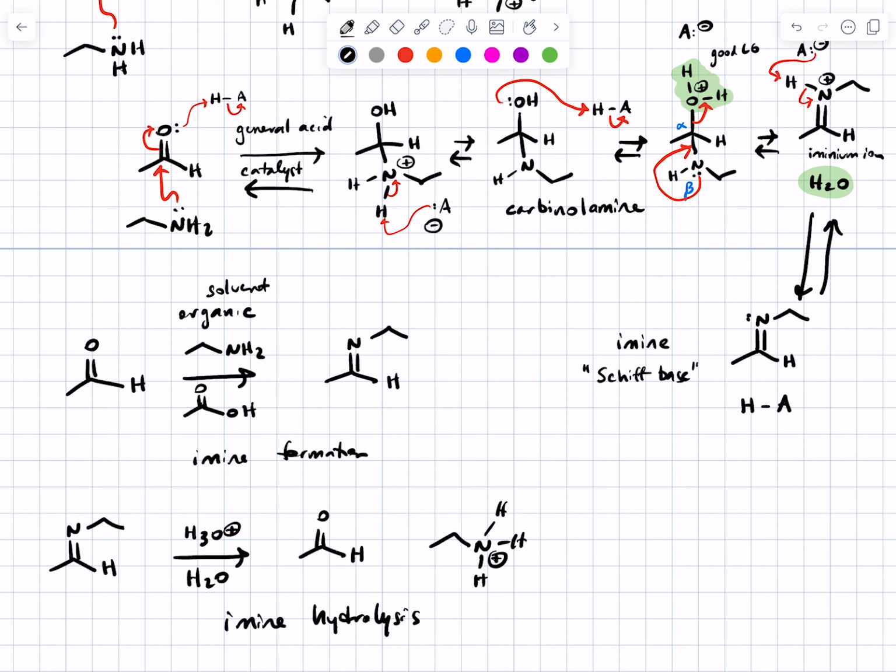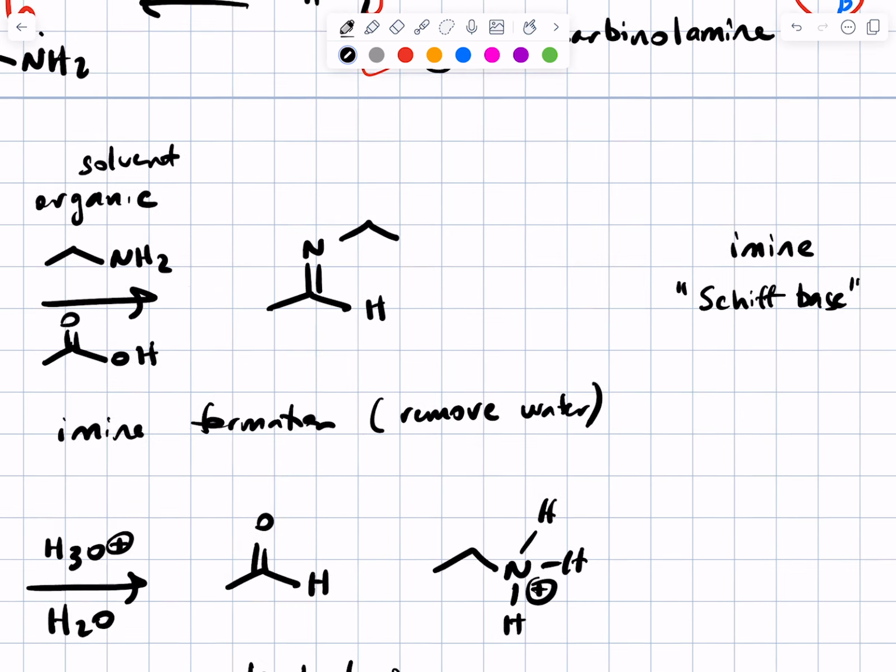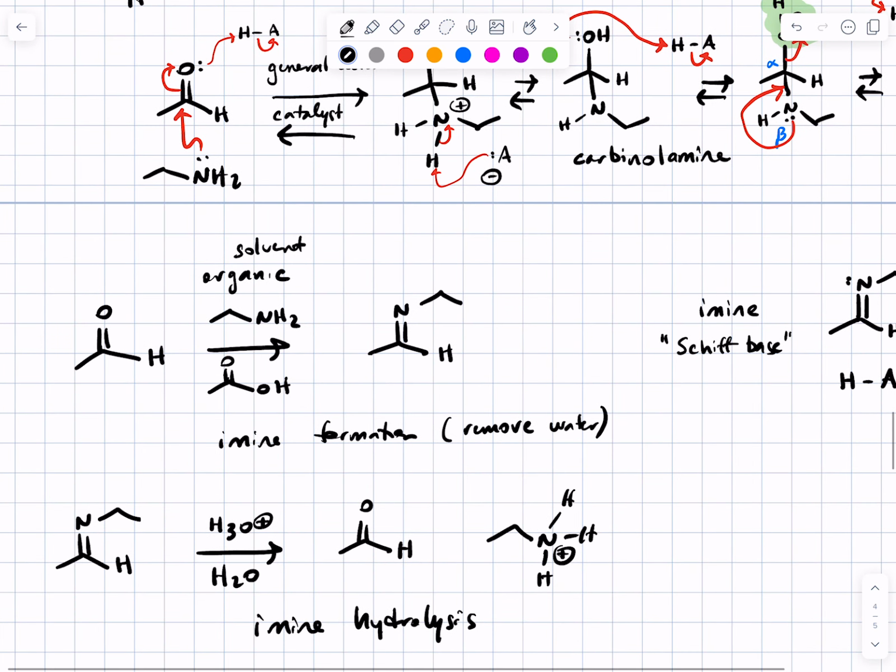And probably you're doing some experimental technique to remove water. You'll learn this when you take the Organic 353 lab. There are various techniques you can use to remove water from an equilibrium. In contrast, if you want to hydrolyze an imine, then by all means use all the water you can in an acid, and that's going to help push the reaction forward.